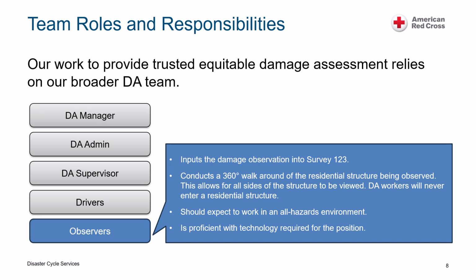Observers are responsible for inputting and submitting accurate damage observations into Survey 123 and conducting a 360-degree review of the external sides of each residence. They should be prepared to work in an all-hazards environment where disaster conditions may be challenging to navigate, and to utilize the technology required for consistent and equitable capture of information.